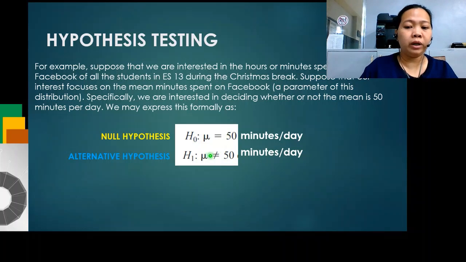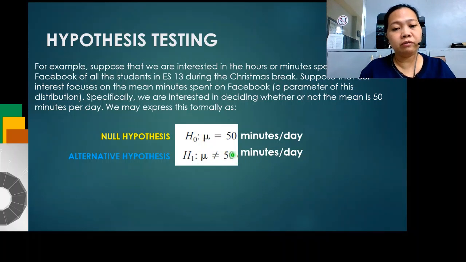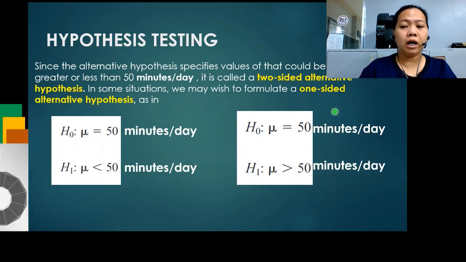So, pwede siya 49.5, pwede siya 50.5 or 51.5, pwede siya all the values less than 50 and all the values greater than 50. So, pwede siya sa right side or sa left side of your critical value na 50. So, that is called a two-sided alternative hypothesis.